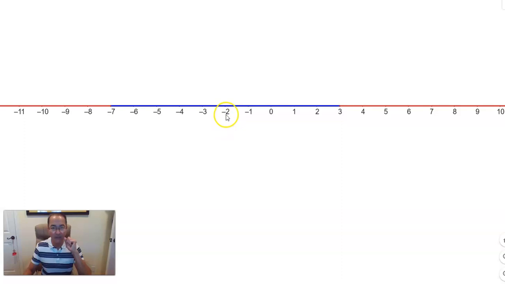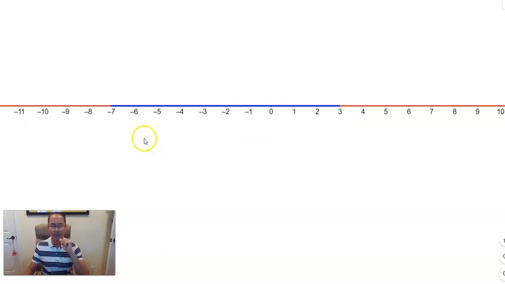Negative 2. Oh, look, it's right there. And 1, 2, 3, 4, 5 to the right, 1, 2, 3, 4, 5 to the left. It looks like negative 2 is exactly the center of the interval from negative 7 to positive 3. Okay, so that's going to be very important.